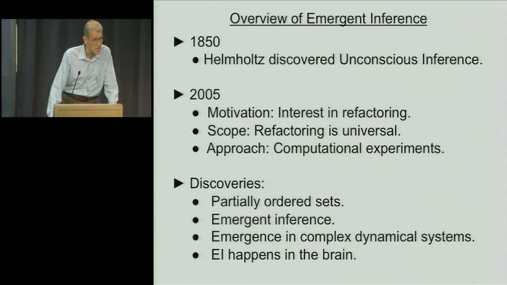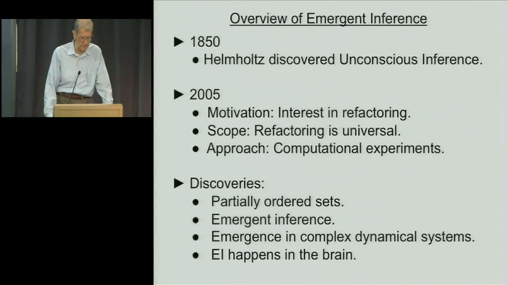So it's the same thing as Helmholtz's unconscious inference. In view of that, I propose that emergent inference is an explanation for emergence and self-organization in complex systems. And I also conjectured that emergent inference is an explanation for intelligence.